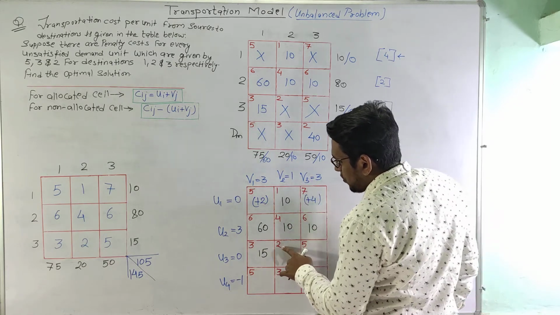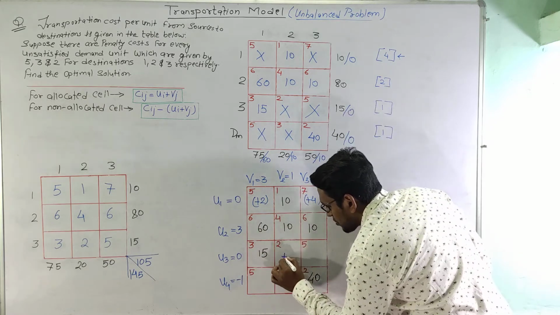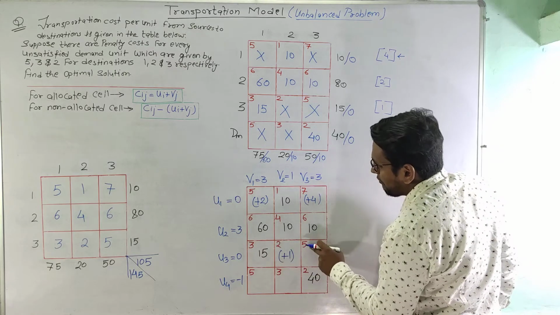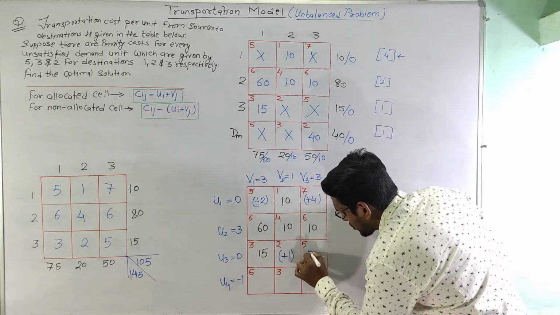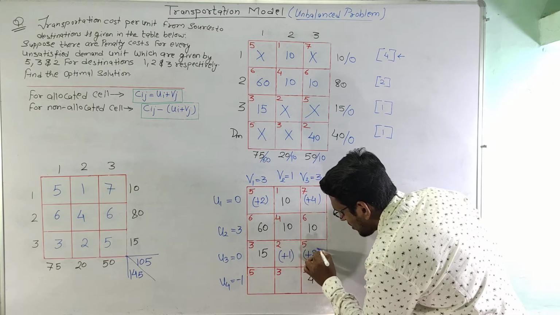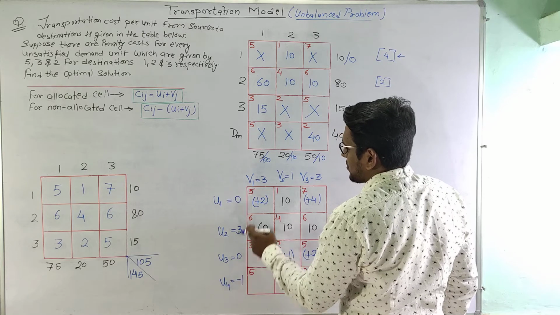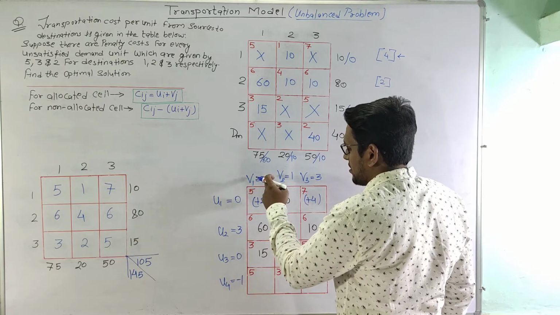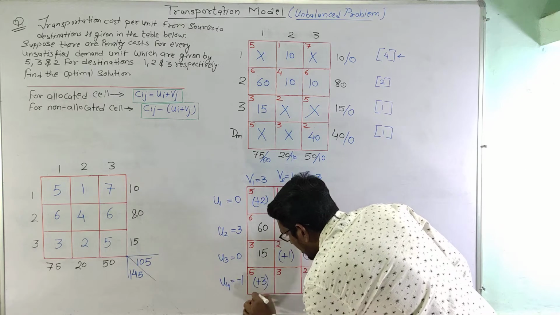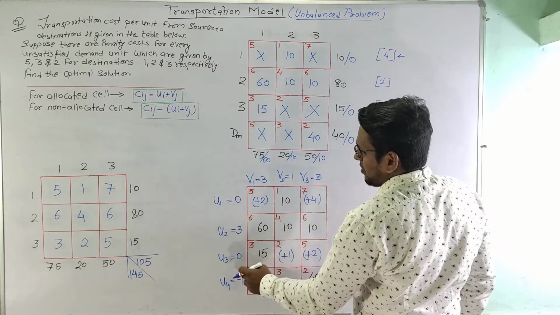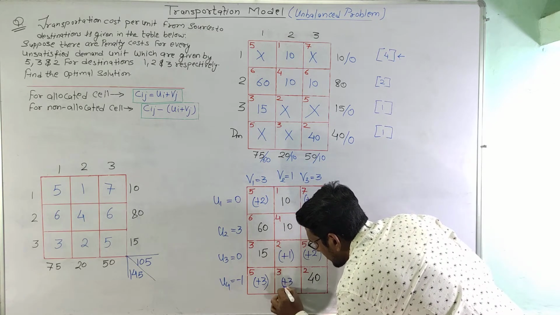Similarly, here 2 minus 0 plus 1, that means 2 minus 1 is plus 1. 5 minus 0 plus 3, that means 5 minus 3 is plus 2. Here 5 minus 1 plus 3, that means 5 minus 2, that means plus 3. 3 minus of minus 1 plus 1, so this will be plus 3.